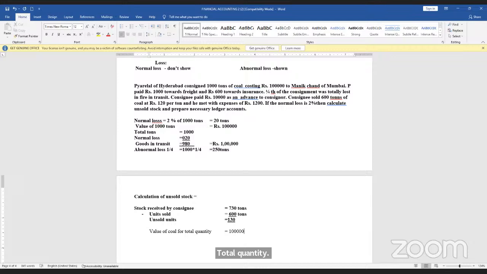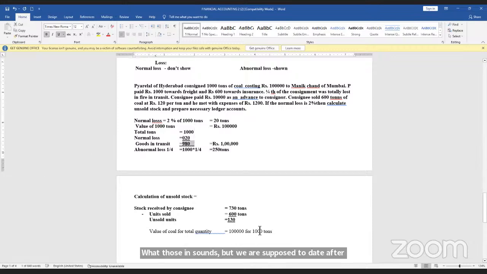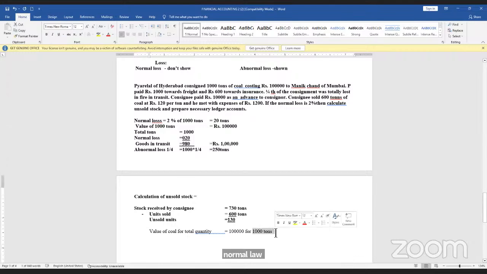Okay, 1 lakh, for 1,000 tons sent. But we are supposed to take it after normal loss.